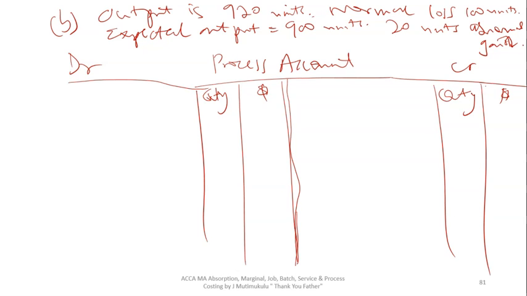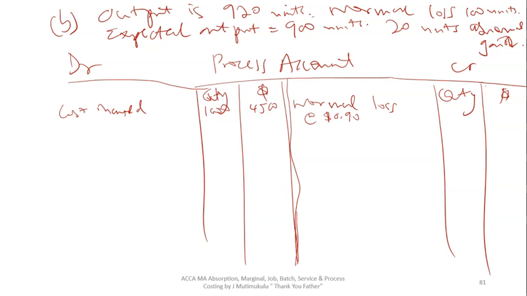All right, so we have the cost incurred so far. We are told by the examiner that 1000 units were input at 4,500. All right, and then we are also told that there was normal loss. The normal loss was scrapped at 90 cents per unit.